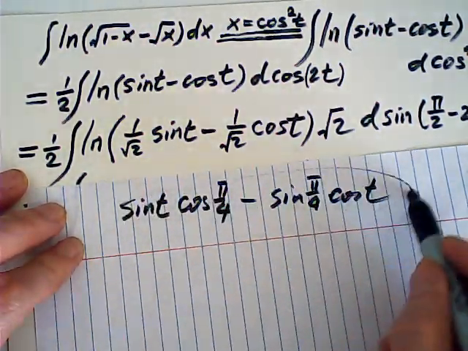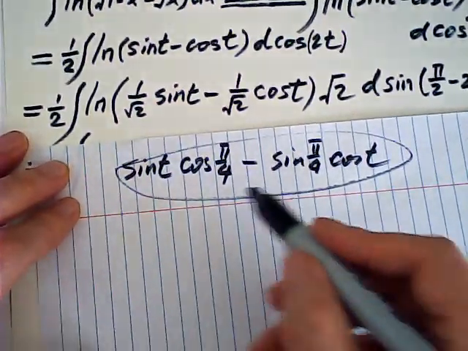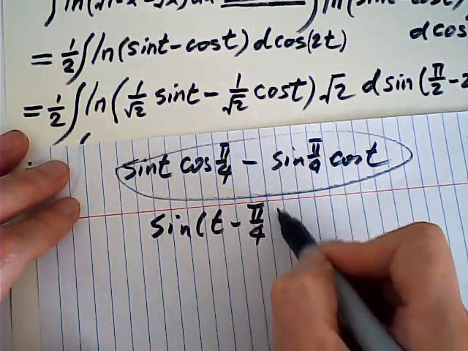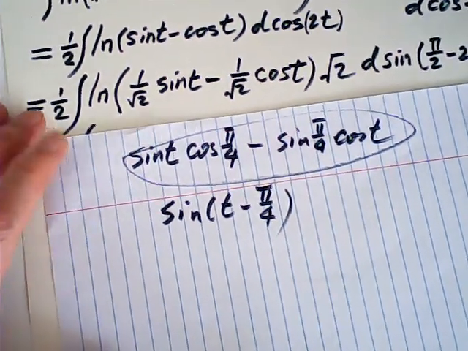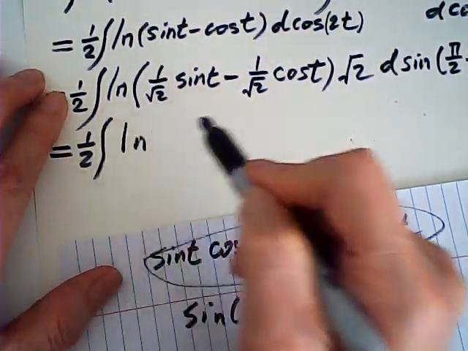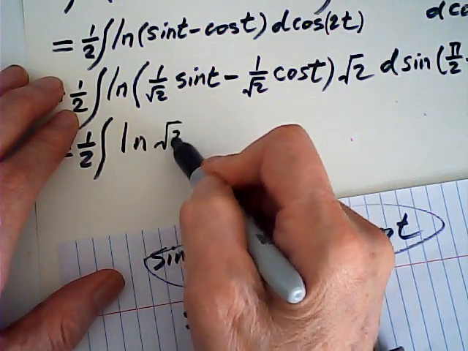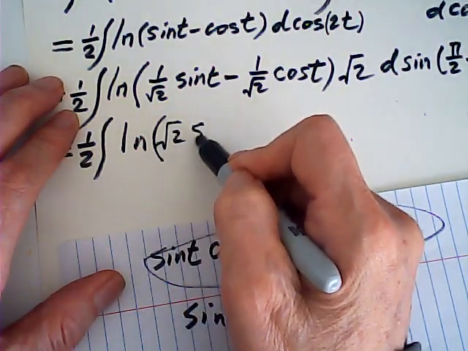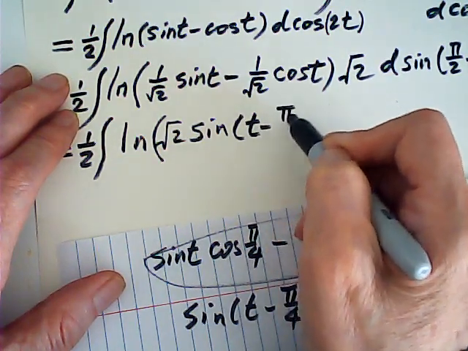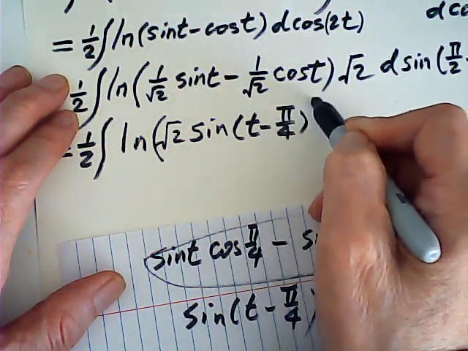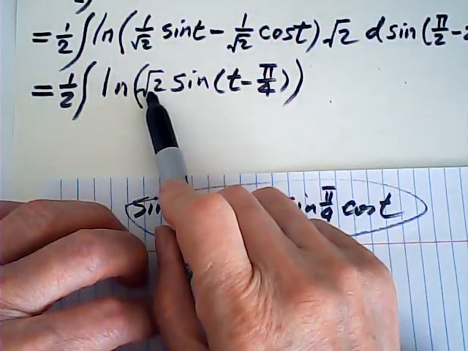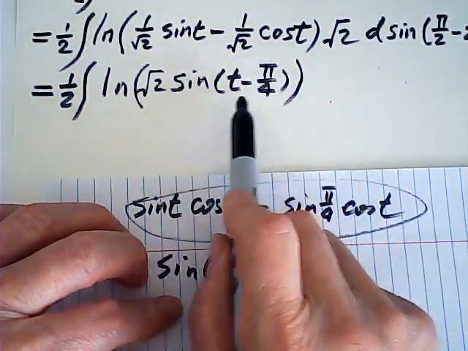So that becomes sine of t minus quarter pi. See? Therefore, this becomes natural log of √2 multiplied by sine of t minus quarter pi. Okay, this one is here. This becomes this.